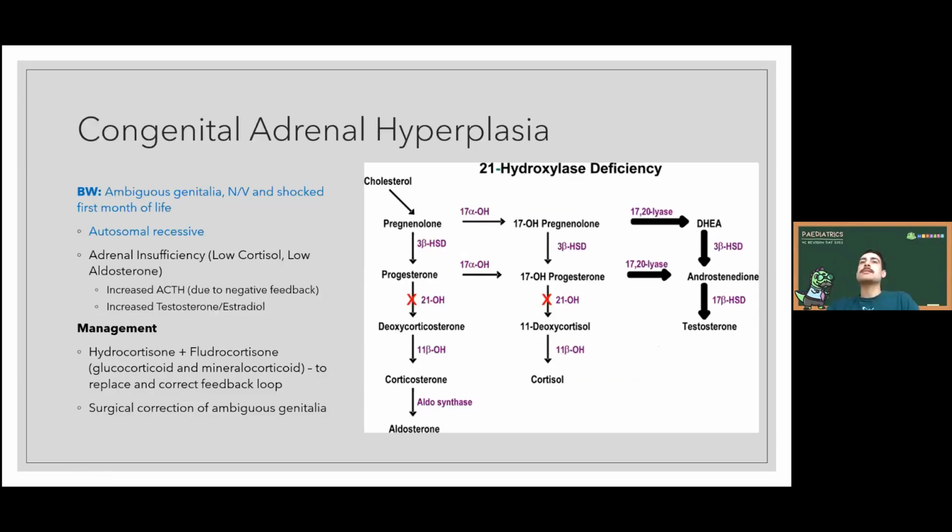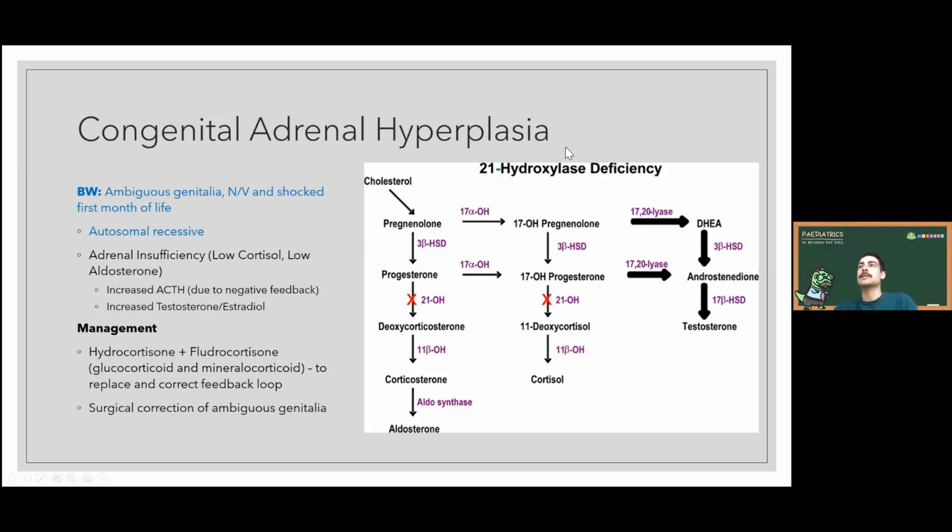Great, so this is CAH. The buzzwords are ambiguous genitalia, nausea and vomiting, shocked appearance in the first month of life. CAH is an autosomal recessive disorder that causes deficiencies in enzymes involved in creating aldosterone and cortisol.